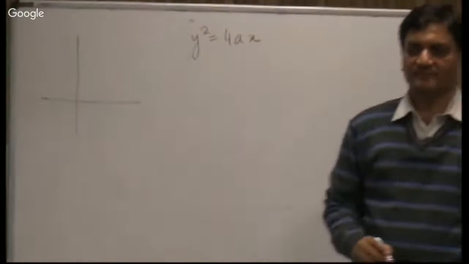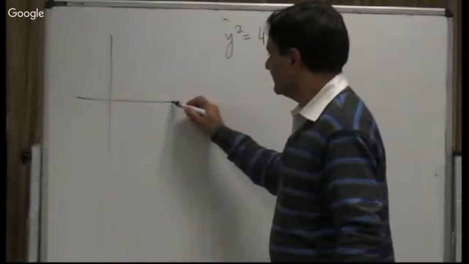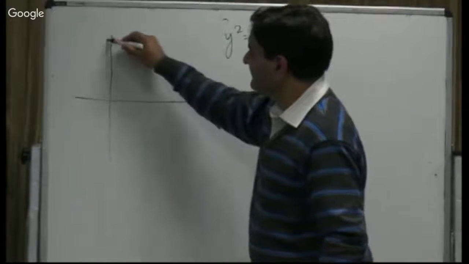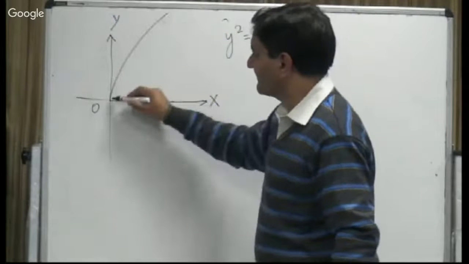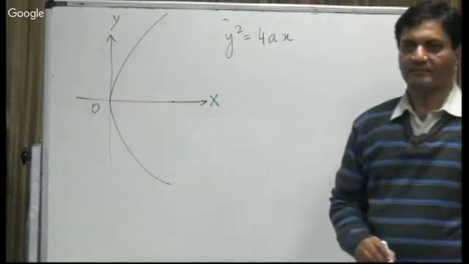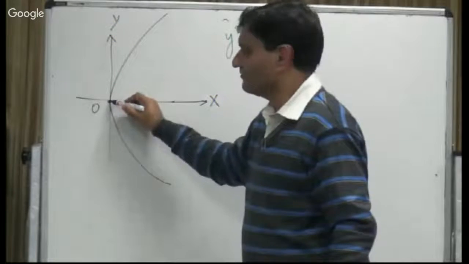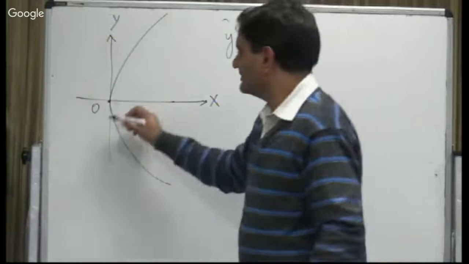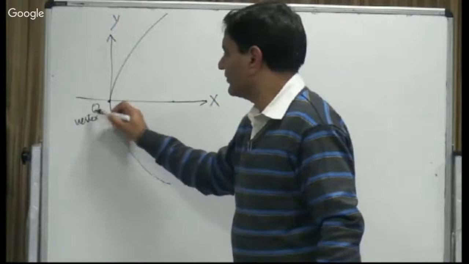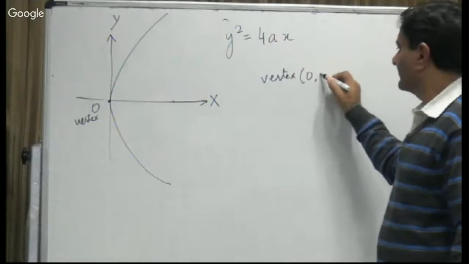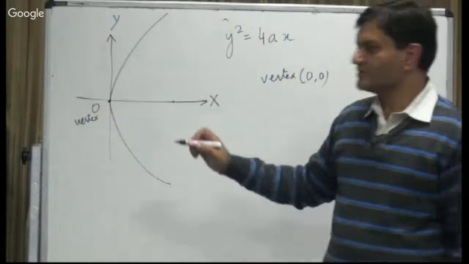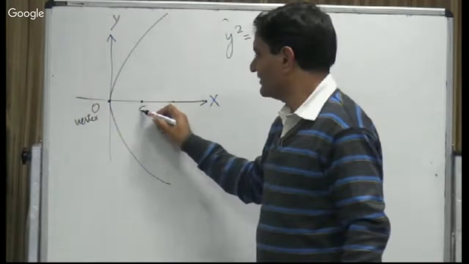If you take the standard forms, the first form is y square equal to 4ax. Let us say this is our x-axis and this is the y-axis. This is the origin. The shape is like this. This point, the origin, is the vertex. In standard form, origin is the vertex, so coordinates of vertex are 0, 0. Now the focus is a point lying on the axis.